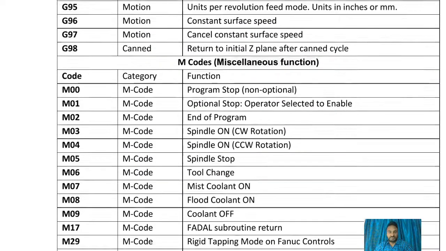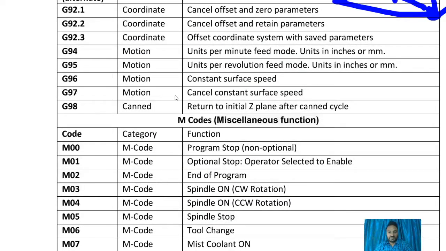Then we have G98, return to the initial plane after the canned cycle. G94 is units per minute feed mode, where units given are in inches per minute; G95 is revolution feed mode, where you supply feed per revolution.